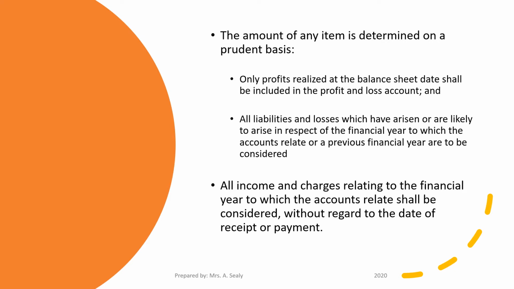Similarly, if revenues were earned during the current financial year, you will record those revenues in this current financial year on the financial statements rather than in a future financial year. However, if you have prepayments, then those prepayments will go towards the future financial statements rather than the current one that we are looking at.